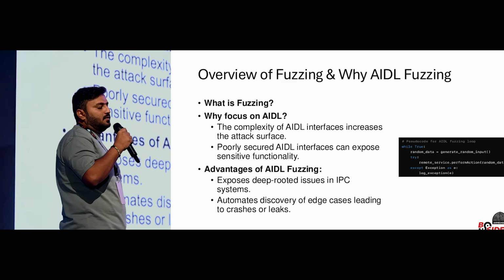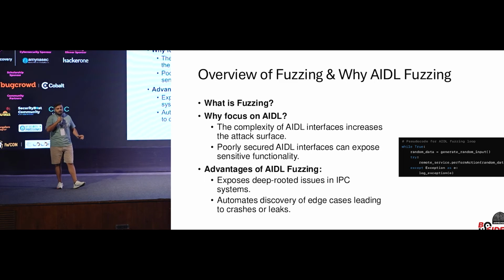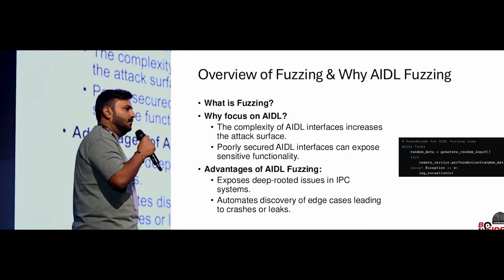We started looking for resources on the internet, and because this is a very less explored topic, there was not a lot of information or substance available. All we could see is a sample pseudocode provided by Google's AOSP, the Android Open Source Project, that told you how you could fuzz AIDL.